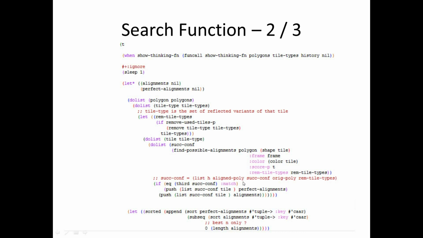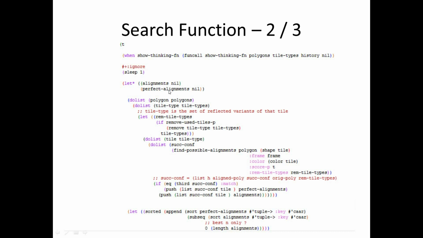If a perfect match has been found, it means that the tile perfectly fits the component polygon, and hence that component polygon can be removed. Else, we have created a new successor configuration polygon in which the aligned tile has been subtracted from the component polygon. Both cases, together with their heuristic scores, are kept in separate lists: perfect alignments and alignments.